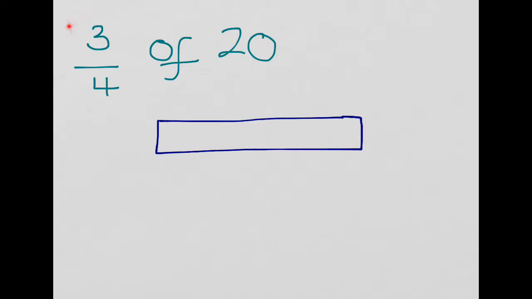So is it the numerator that tells me how many pieces to divide it by, or is it the denominator? What do you think? Well, the answer is it's the denominator that tells me how many pieces to divide it up into. So this is 1 whole. I need to divide it into 4 equal parts. And each part is worth 1/4.